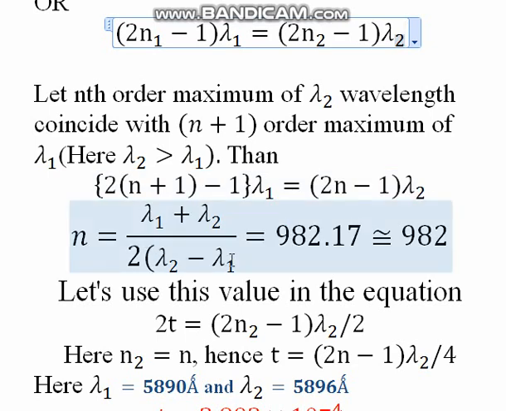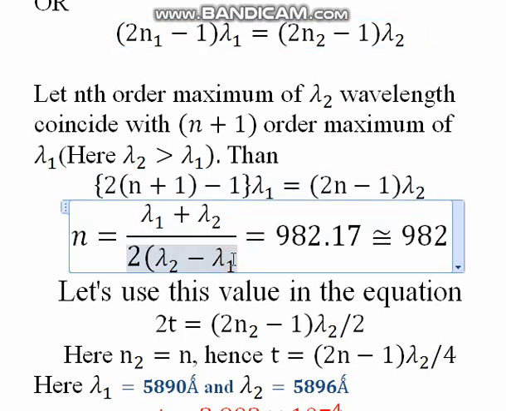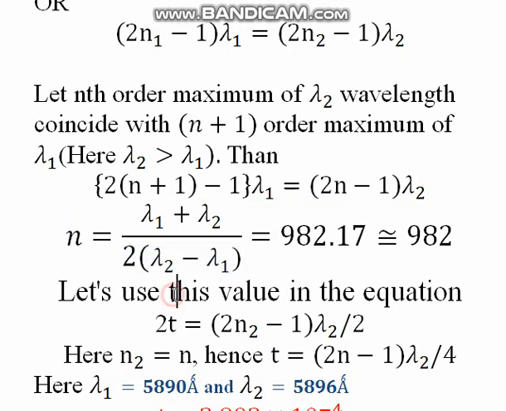So n is lambda 1 plus lambda 2 divided by 2 times lambda 2 minus lambda 1. So it is 982.17, but n is a whole number, the number of orders 1, 2, 3, so it is 982 only. Let's use this value in the above equations.